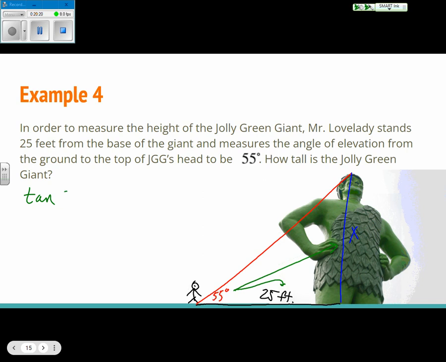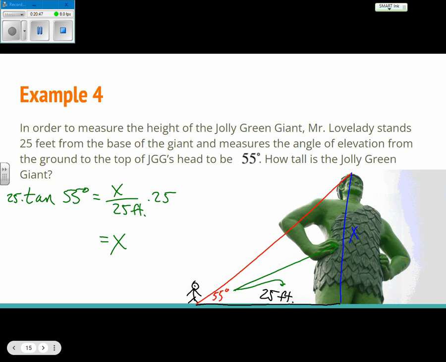So I've got tangent of this 55-degree angle is going to be the opposite side, which is x, divided by the adjacent side, how far away I am from the Jolly Green Giant, which is 25 feet. Again, I just want to solve this for x. I see that I'm dividing by 25. The opposite of dividing by 25 is multiplying by 25, and that's going to solve it for x right here.